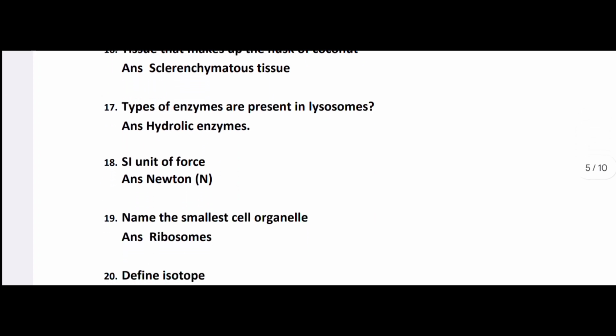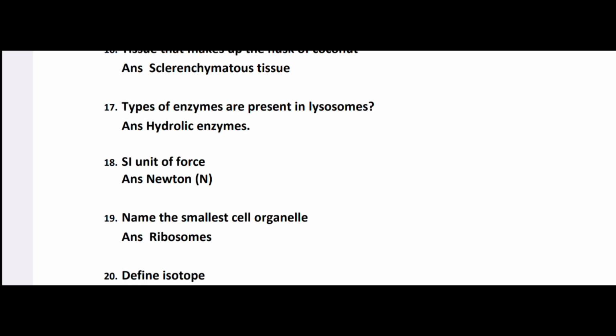Question number 15: name the solvent in which sulfur powder dissolves, that is carbon disulfide. Tissue that makes up the husk of coconut: sclerenchymatous tissue made up of dead cells. Question number 17: types of enzymes present in lysosomes. These are hydrolytic enzymes, also known as digestive enzymes.